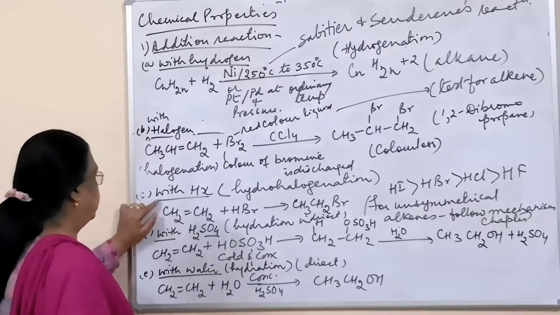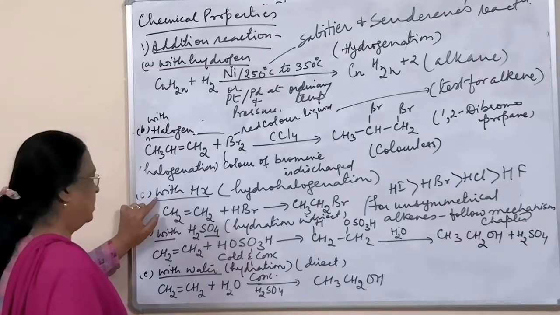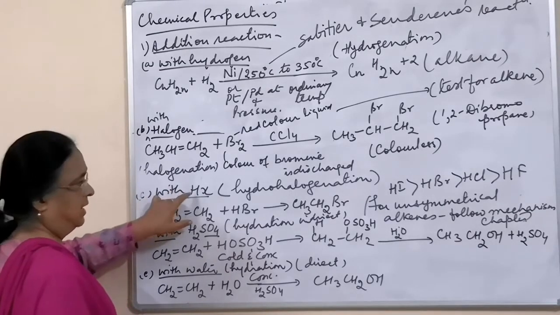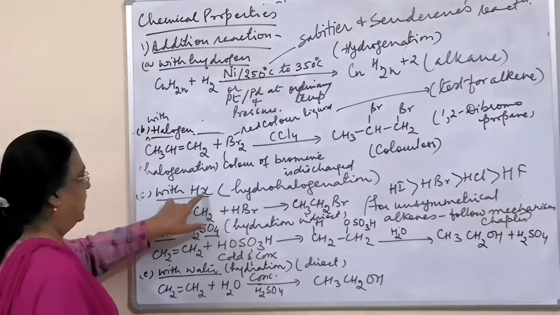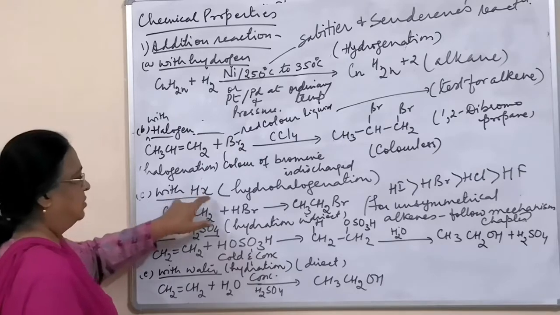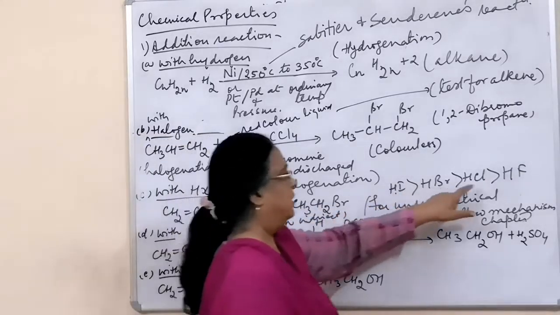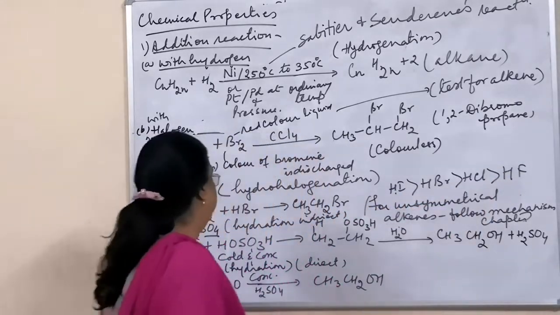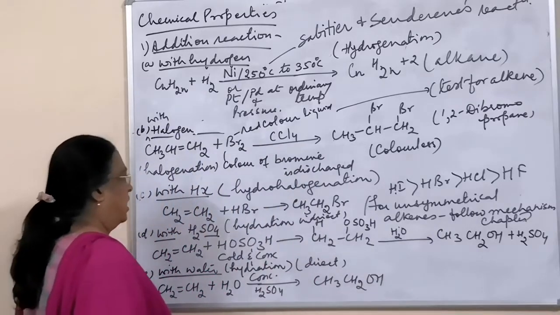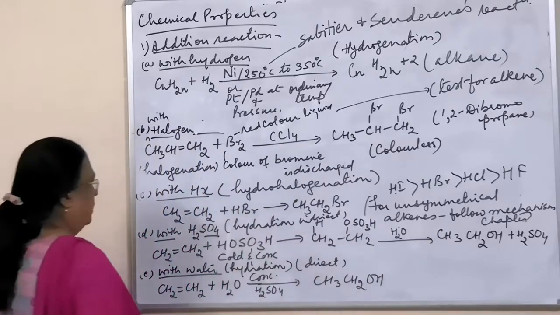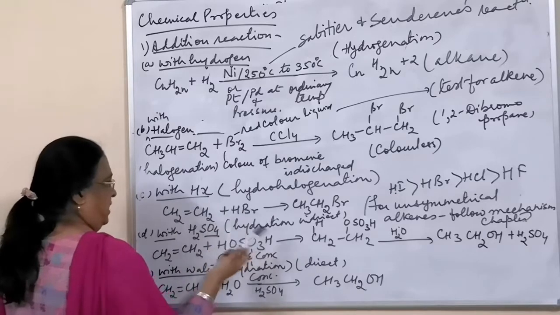Okay, then with HX, hydrogen halide. The halogen can be iodine, bromine, chlorine or fluorine, but the most common are HBr and HI. When HBr is added the reaction is simple.